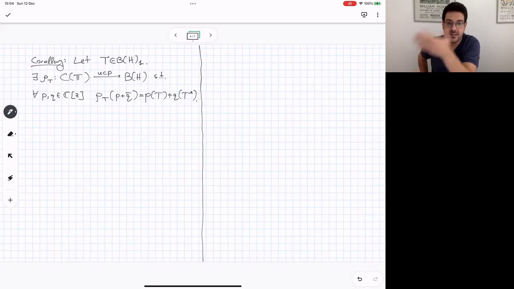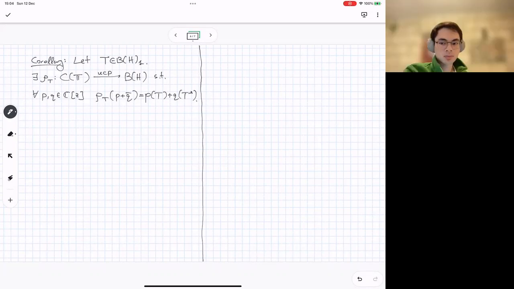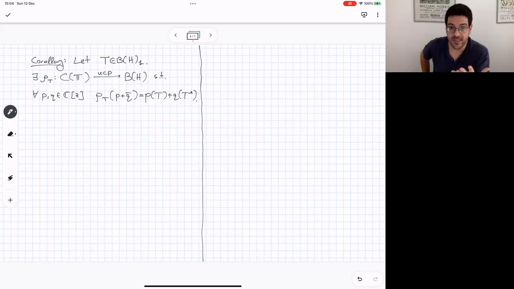I don't know what is an exponent of a unitary, but on polynomials, I know what it should be, and then I know it behaves in a reasonable way. When we discussed unitaries, we got a star homomorphism. Here we get only a UCP map, which is the best second thing.